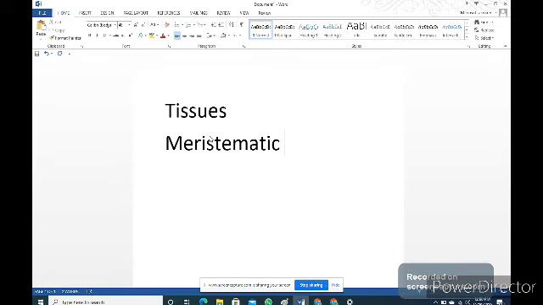We have the meristematic tissues, and then in the permanent tissues we have the parenchyma. Parenchyma is found in the leaf and bud of the plant, where the outermost part consists of leaves and buds.